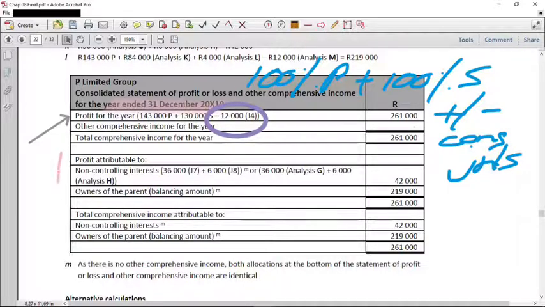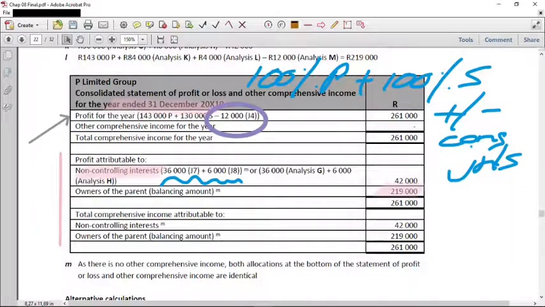At the bottom section, we always attribute to my equity participants. Now your non-controlling interest will comprise of two amounts, the profit attributable to the NCI ordinary shares plus the profit attributable to the NCI preference shares where and if applicable. We balance back to the amount attributable to the owners of the parent.